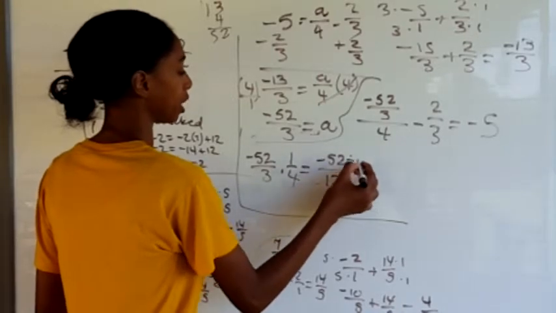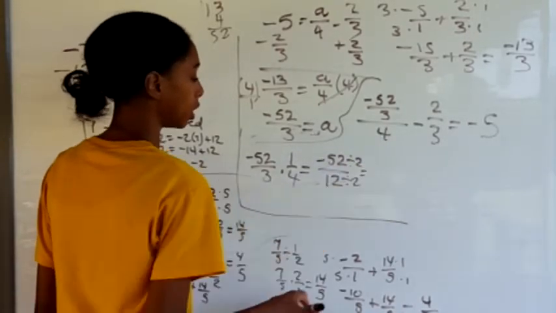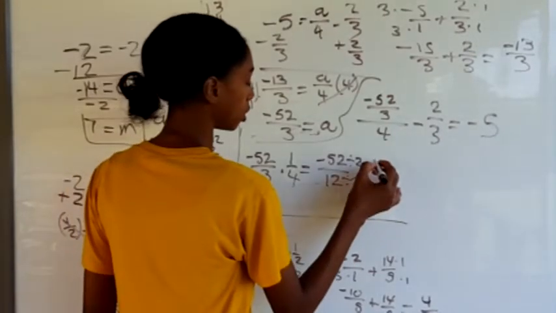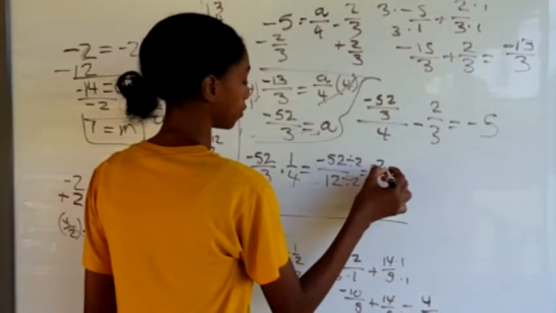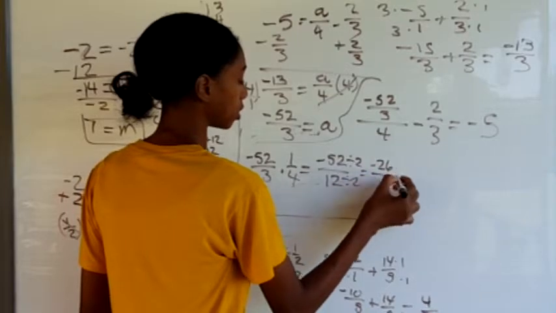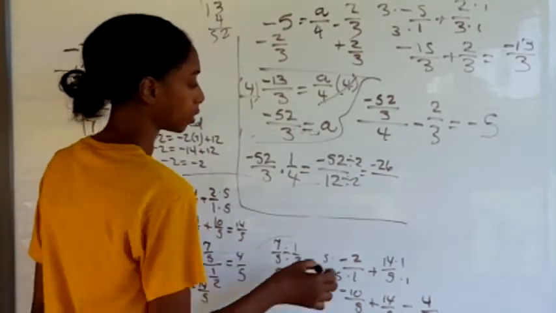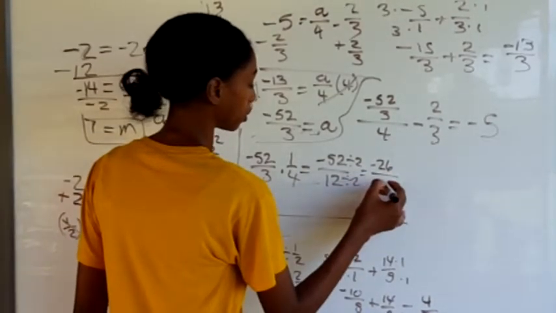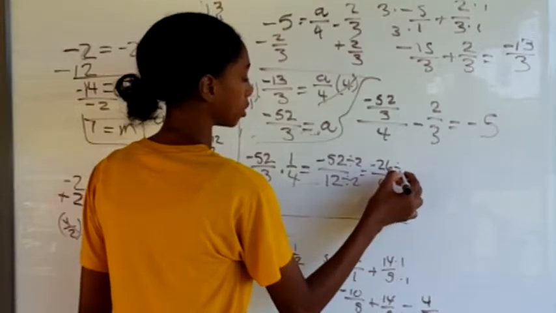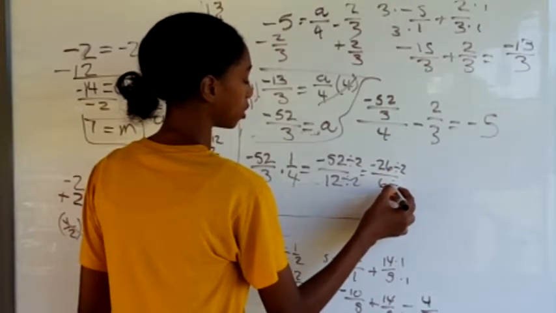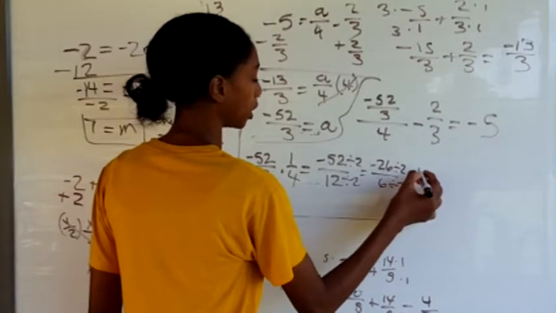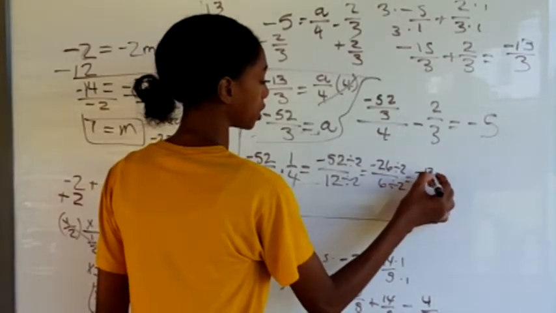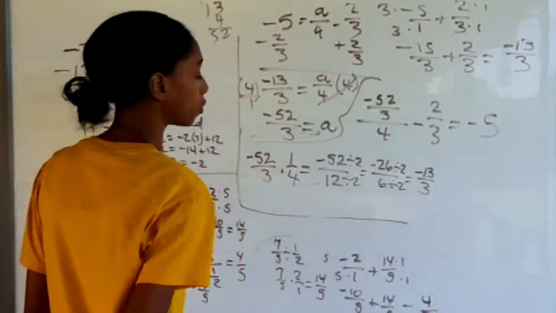We can reduce that by 2, and we get negative 26 over 6. Reduce by 2 again, and we get negative 13 over 3.